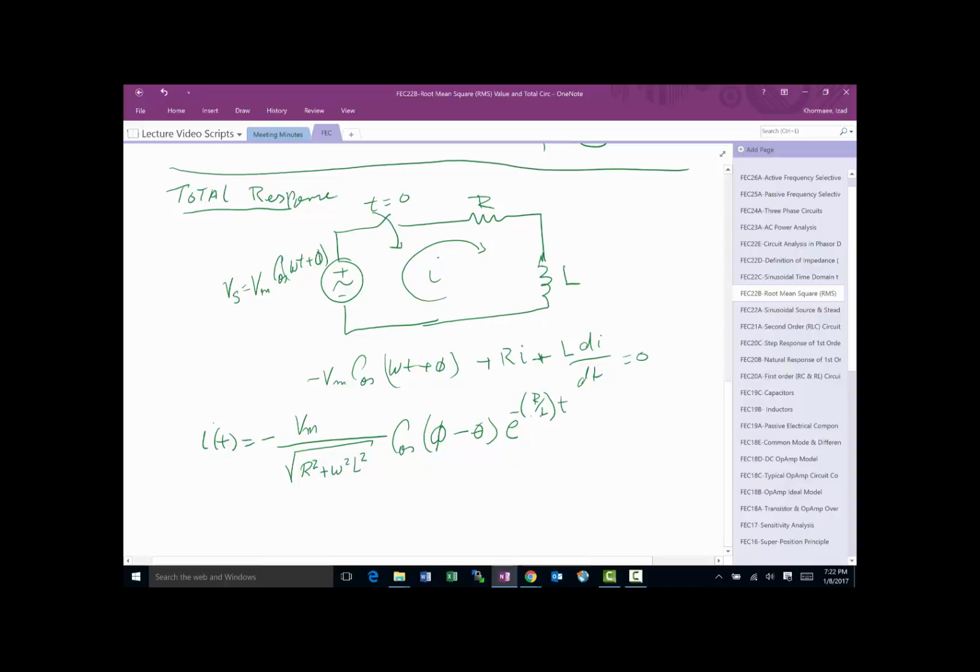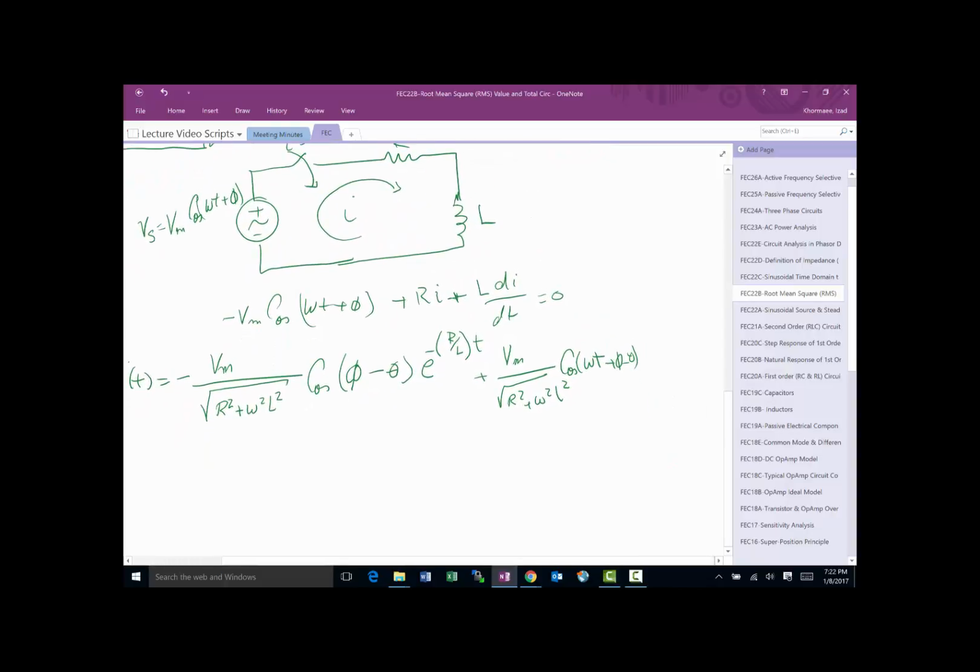That's a time constant, if you remember. And then plus Vm over the square root of R squared plus omega squared L squared, times cosine of omega t plus phi minus theta.